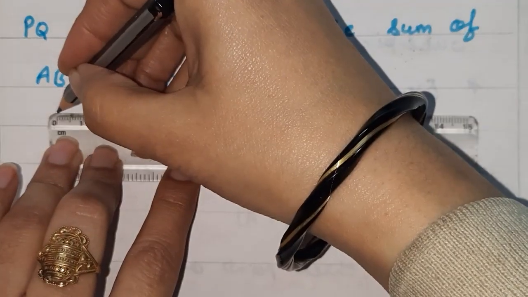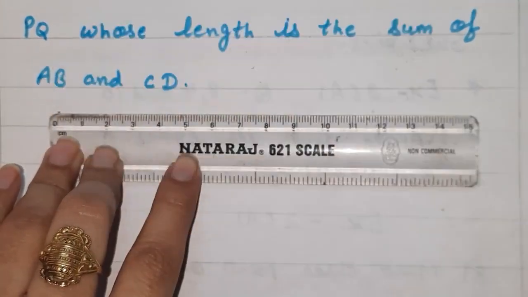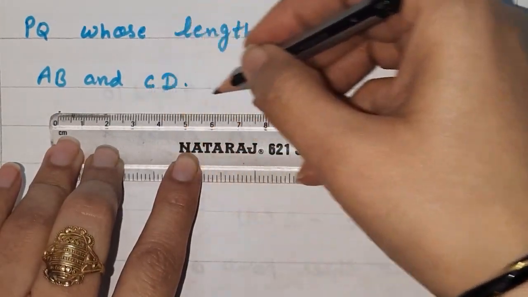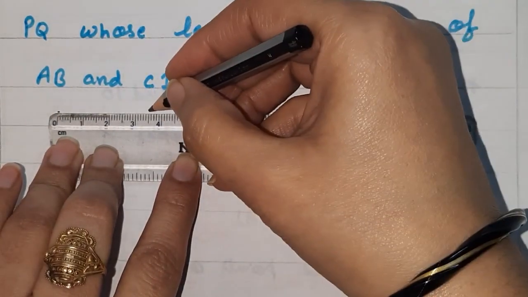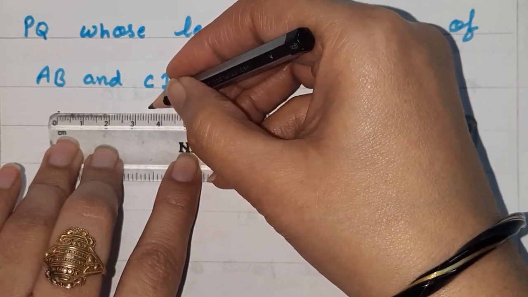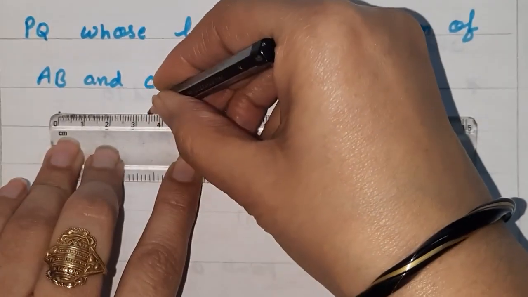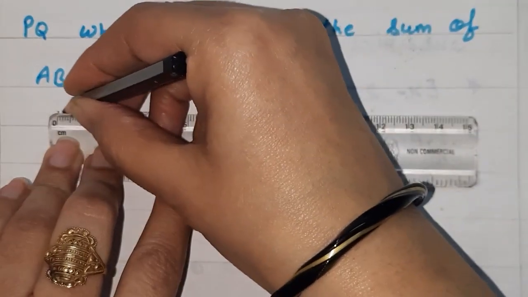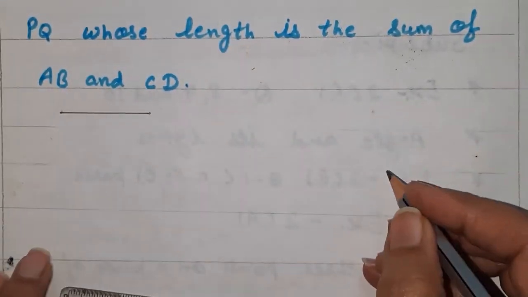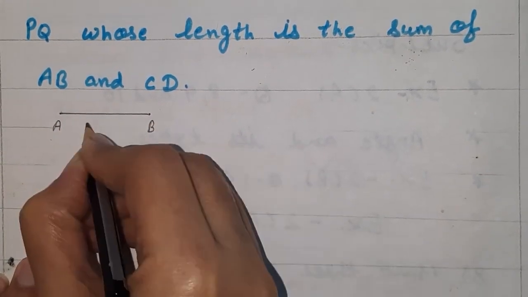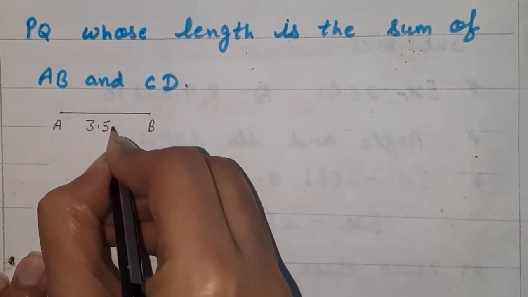Now first of all we will mark the point A and AB is 3.5. So here 3.5. Another point. Join this. AB 3.5 centimeter.